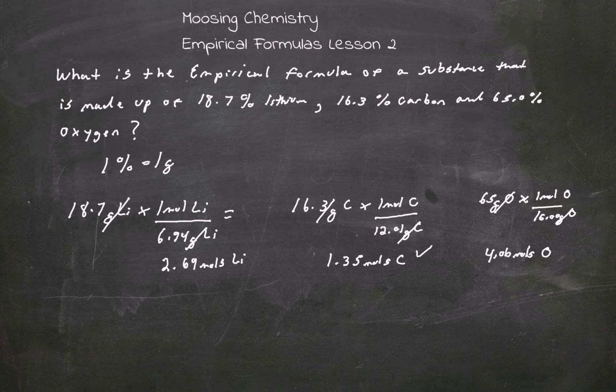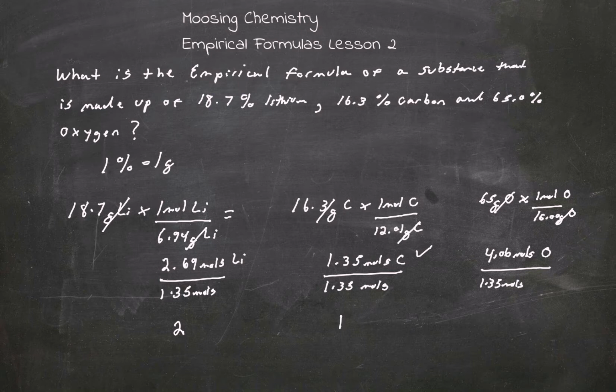So that means we're going to divide each of these by 1.35. 2.69 divided by 1.35 gives me 1.999, which is basically 2. 1.35 divided by 1.35 is 1. And 4.06 divided by 1.35 gives me 3.00.